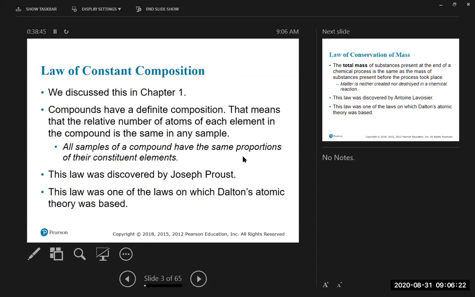And what we said is, this law tells us that if it's water, it's H2O, whether it's in St. Louis or Webster Groves or California or New York or Europe or wherever. Water's water, okay? And so any sample of a compound will have the same proportions of the constituent elements. So that's the law of constant composition.